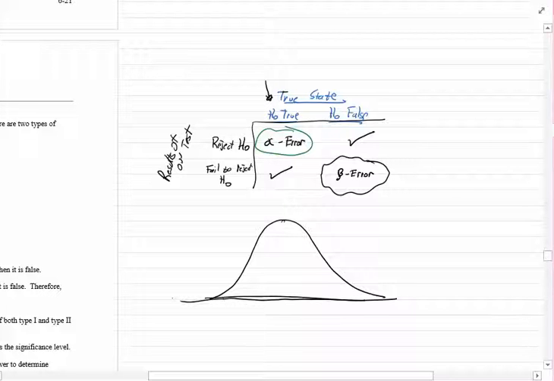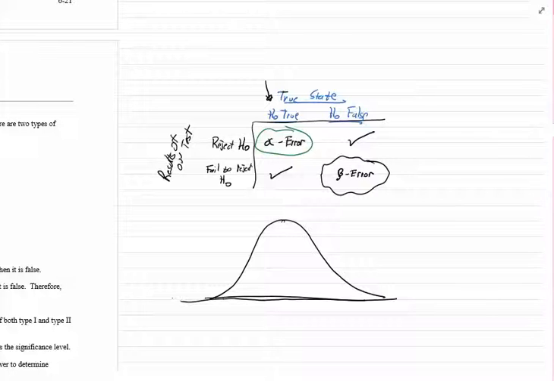And we might make the right call, which we have those check marks. The results of our experiment have aligned with what's really happening, or we might make a mistake, which means the results of our experiments don't jive with reality, in which case we have made a mistake.